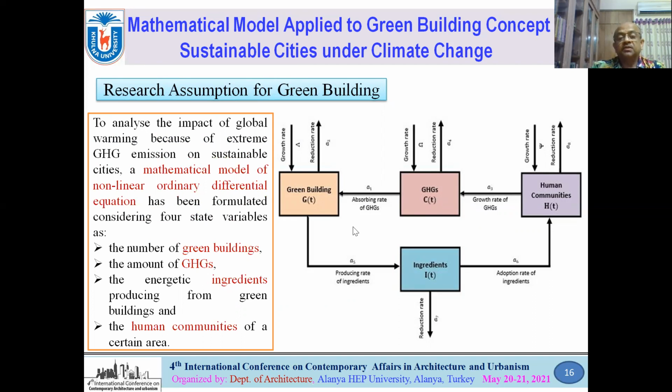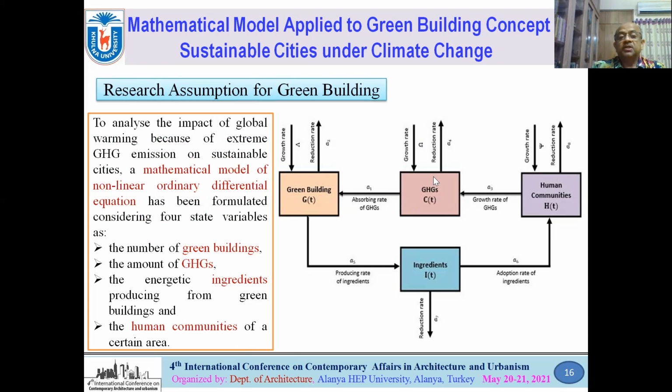So we consider here 4 components, in terms of differential equations we formulate with nonlinear mathematical modeling. Our idea is the number of green buildings we denote G, the amount of greenhouse gas emission is C, ingredients is I, and the human community of a certain area is H.